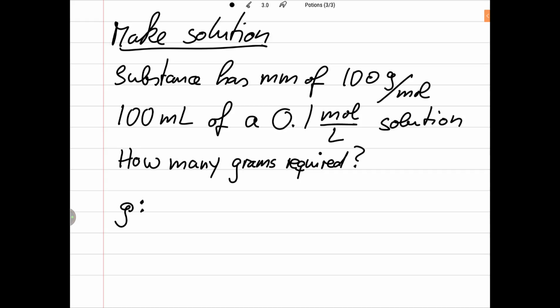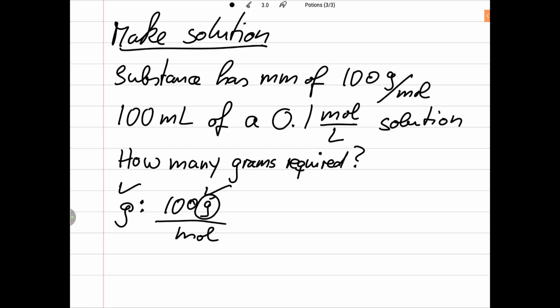So we have 100 grams per mole. Note, I write it in such a way that the grams is on top of the fraction line. So gram and gram are in the right position. How cool is that? I don't have to worry about that.